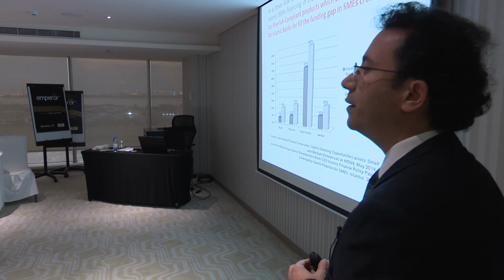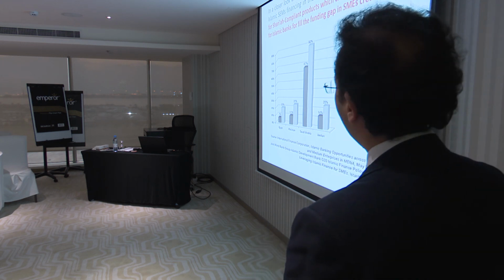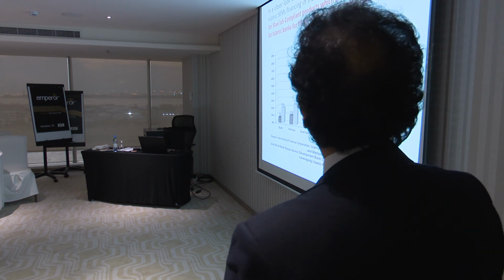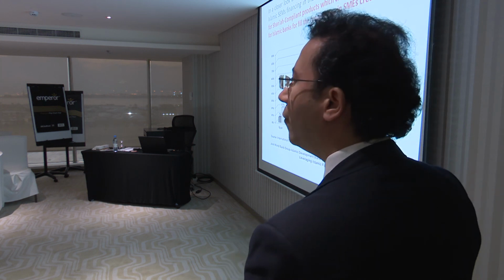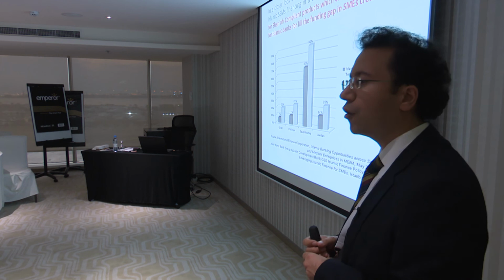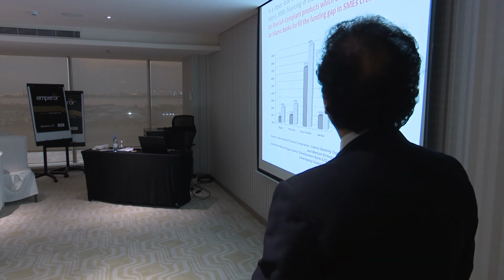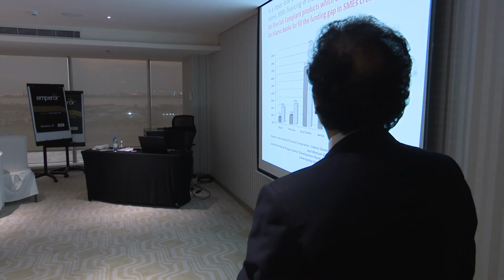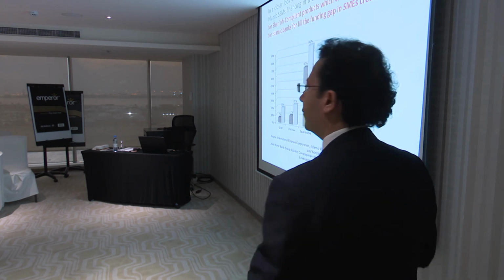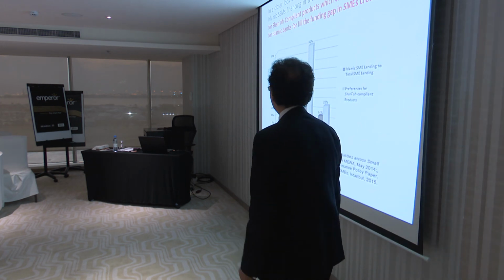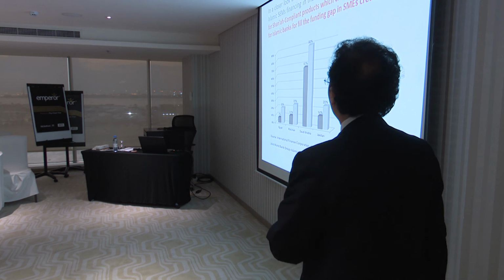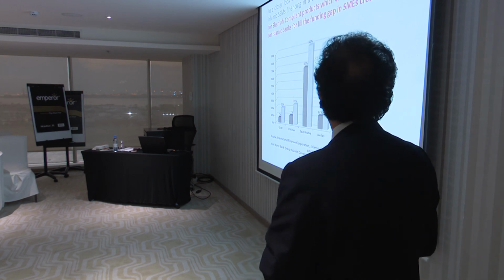Why do we say that there is a potential for Islamic banks and Islamic finance? There is a preference for Sharia compliance in the region in general, especially, for example, in a country like Saudi Arabia or Egypt, Pakistan, and Jordan as well.